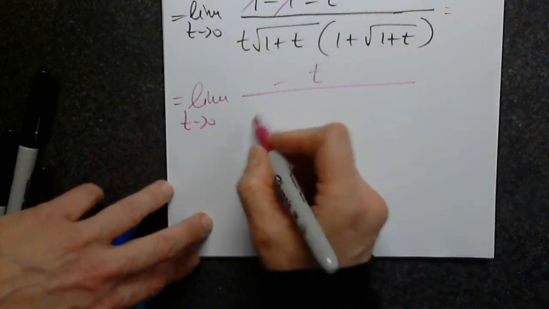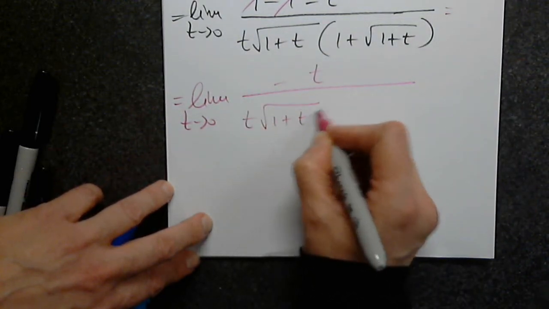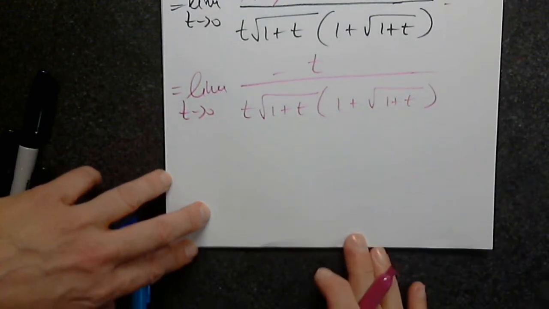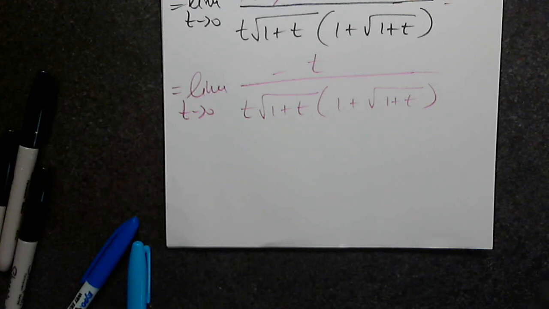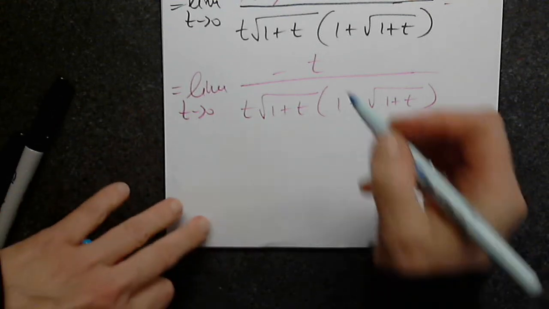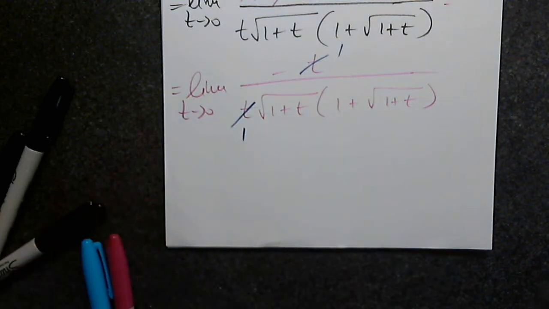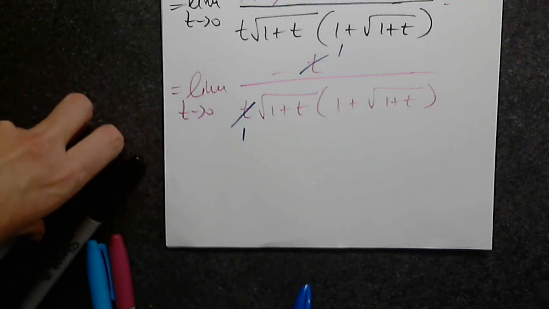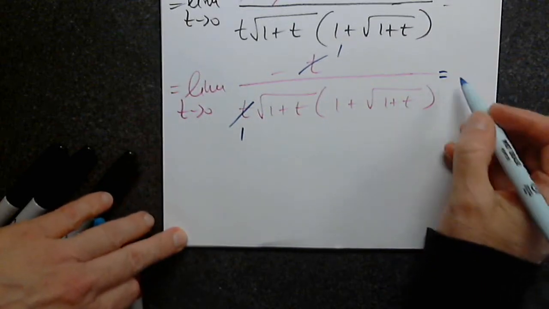Negative t over t times the square root of 1 plus t, 1 plus the square root of 1 plus t. Is the problem going away or not? The problem is going away happily. That was the problem. We expected to remove a t from the top and a t from the denominator. Now everything is done, nice and clean.